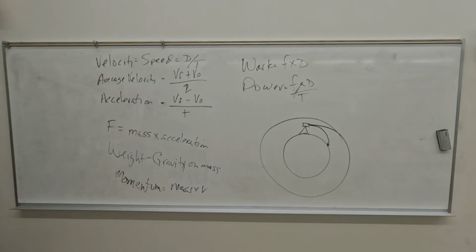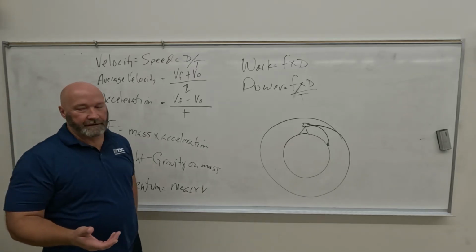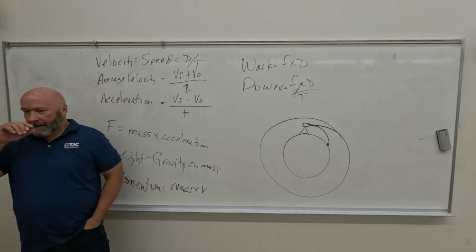I don't think I missed anything else until we get to energy, right? So energy we kind of talked about, so we're not going to spend a whole lot of time on it. Energy is the ability to do work. Potential energy is stored energy, and that's what we call KVP.